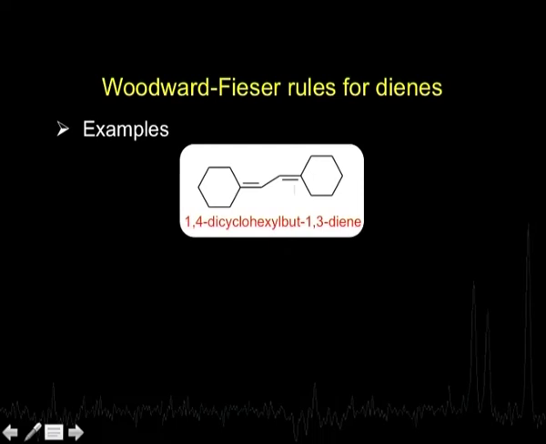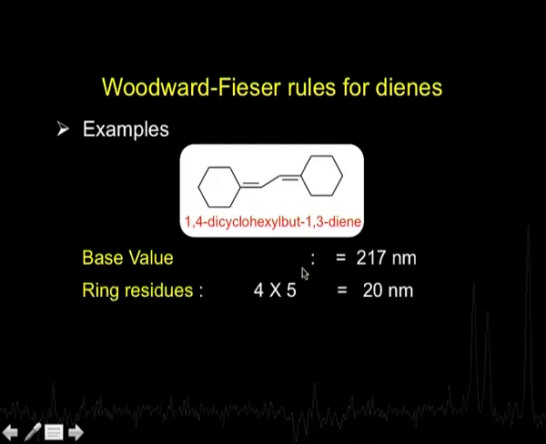Let us move further. Let us take another example. Now, you can do this on your own also by seeing so many examples here. Again, the basic chromophore happens to be an alicyclic diene here, and the base value is 217. And in this case, what do we have? On the chromophore, we have 1 ring residue, 2nd ring residue, 3rd ring residue, 4th ring residue. So, there are 4 ring residues on this.